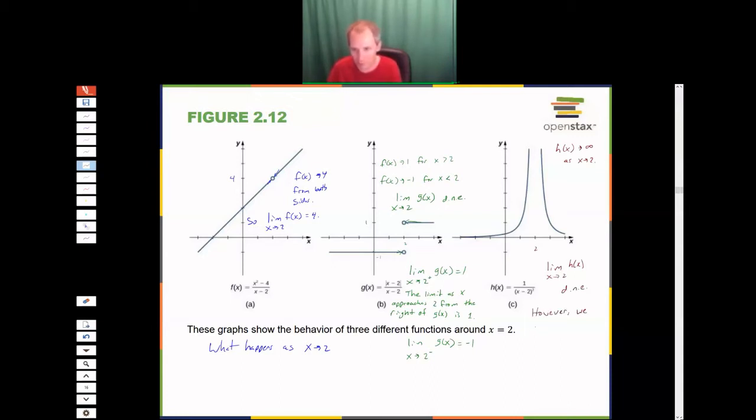However, we can write that the limit as x approaches 2 of h of x equals infinity, as long as we keep the understanding, as long as we're all aware enough to know infinity is not a number, so that technically this limit doesn't exist. So we can write this with the understanding that infinity is not a number.